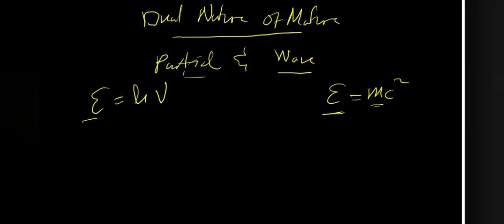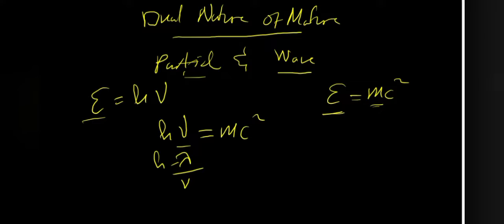So de Broglie came to join these two equations and he said, actually, Planck's constant times frequency should give us mass times the speed of light squared. Now, instead of just saying frequency here, we know that frequency is the same as velocity over wavelength, which I talked about just earlier. That should give us mass times the speed of light squared.